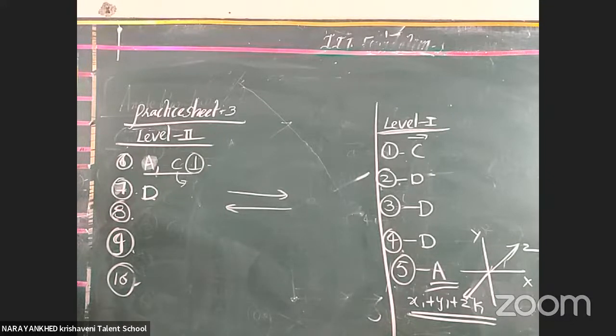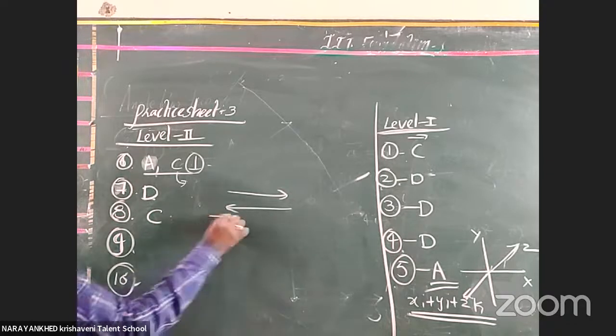A vector of zero magnitude is called what actually? Equal vectors, unit vectors, null vector, or co-initial vectors? It is called a null vector, which contains zero magnitude.